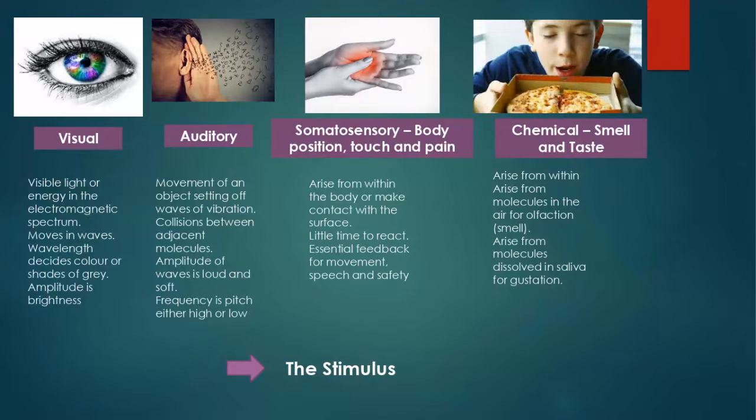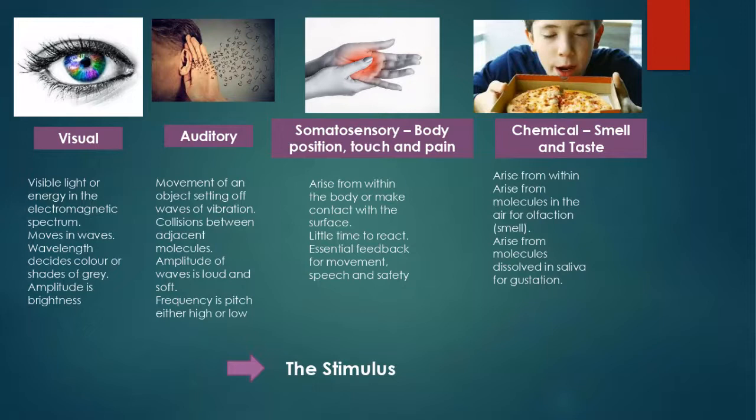And the frequency, which is pitch, is how high or low it is, how close together those waves are. So auditory is a collision of molecules that set off waves, and it's those sound waves that enter our ears.